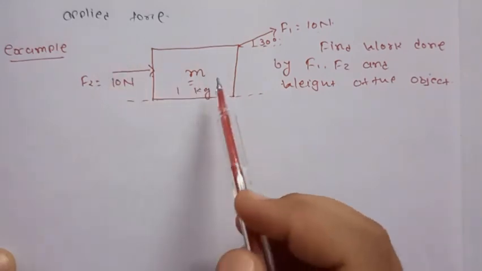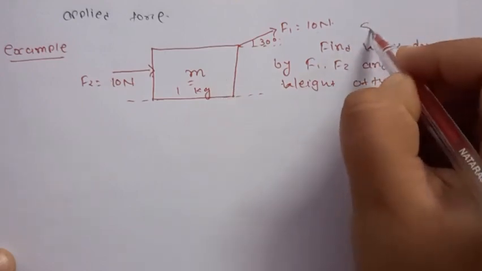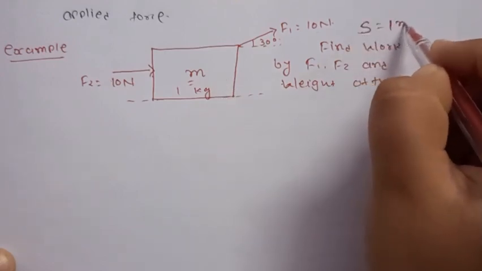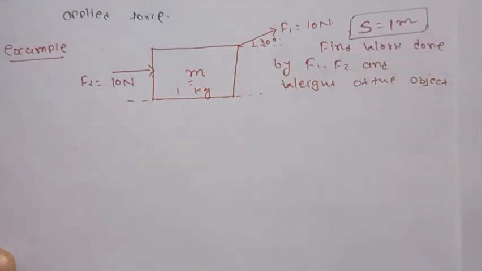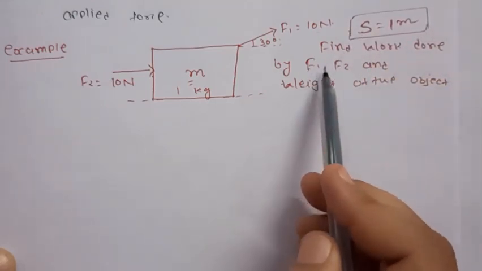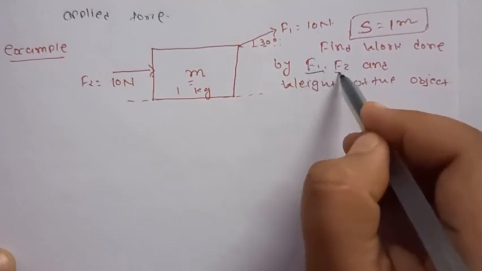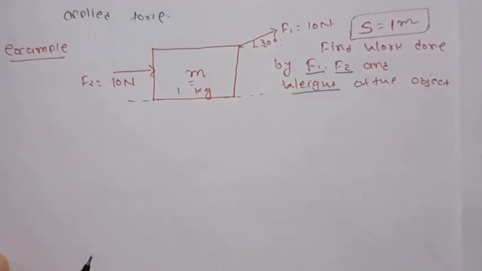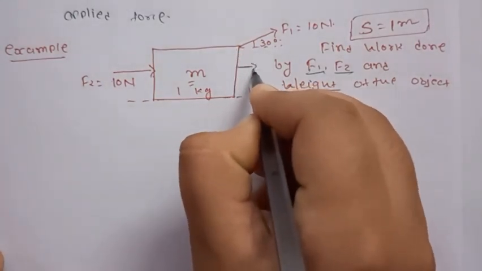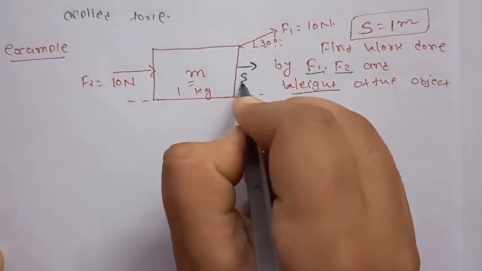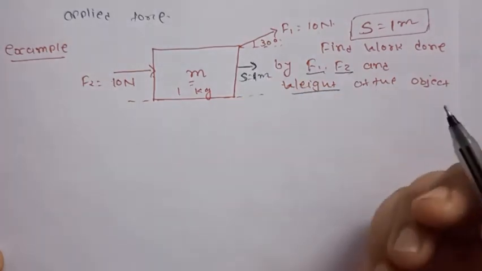Under the action of these forces, the object displaces by 1 meter. We want to find the work done by F1, F2 and the weight of the object. Simple. The object is displacing in this direction, so S is equal to 1 meter.